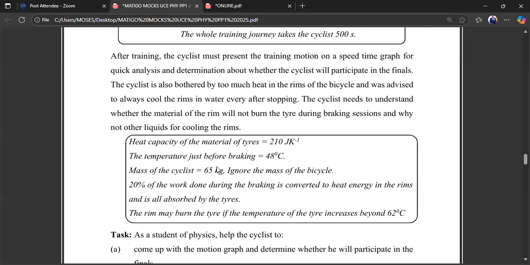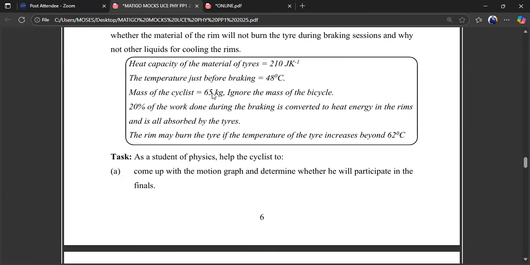That is the part. 20% of the work done is taken into what? Into heat energy. Now we come back here.